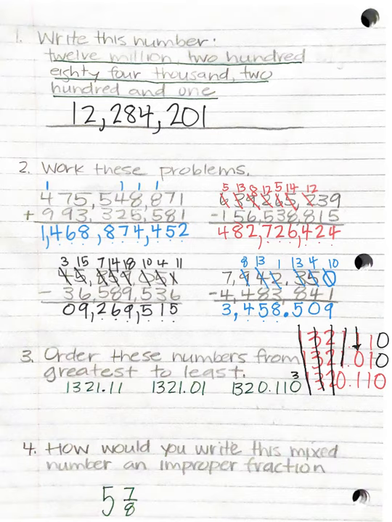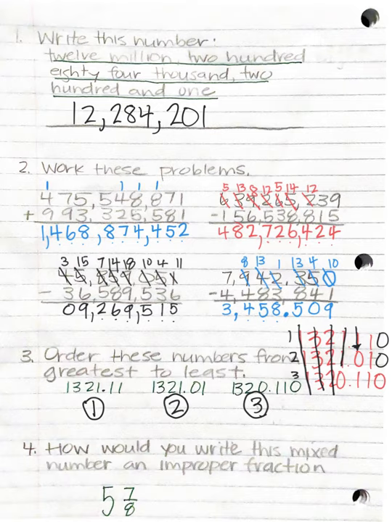So I know that that's going to be second to last, which leaves this first number my greatest value. So here we're already in order from greatest to least. So this is the greatest, the second, and third answer here.